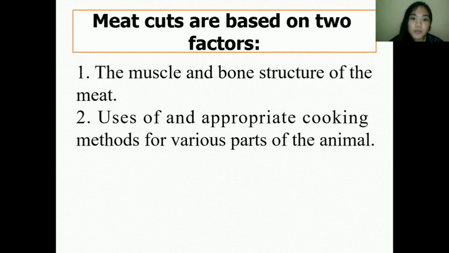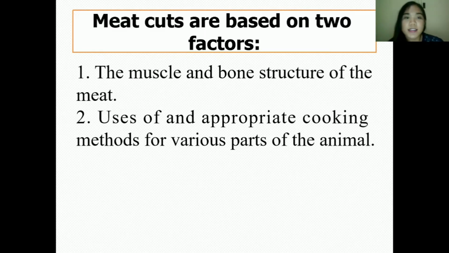One of the most important principles of understanding meat is that the muscles that work more in the animal are tougher than those that are used less. So in general, the parts of the animal that work the most are the shoulders, the neck, and legs. The parts that work less are found in the back and especially toward and including the small of the back, which is where we get the T-bone and the porterhouse steaks from.